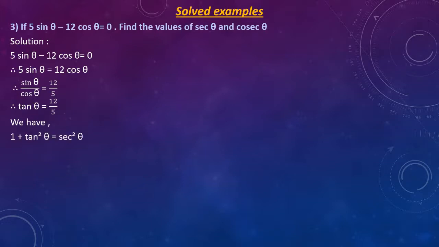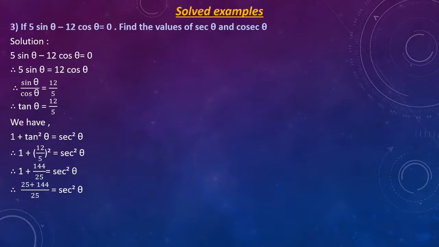Now we have 1 plus tan square theta is equal to sec square theta. So therefore substituting the values of tan theta here, we get 1 plus 12 upon 5 the whole square is equal to sec square theta. Therefore 1 plus 12 square is 144 upon 5 square is 25 is equal to sec square theta.